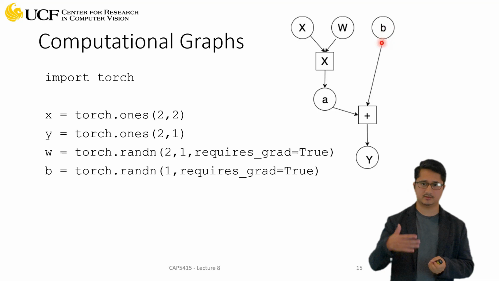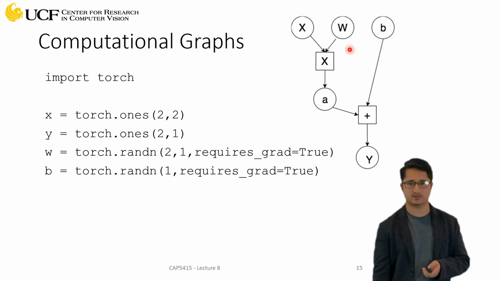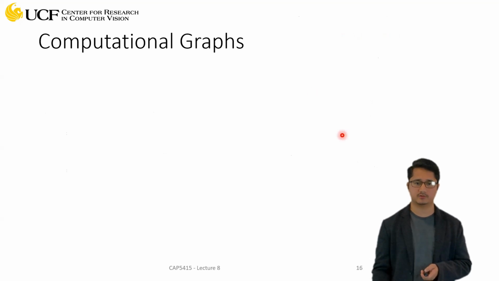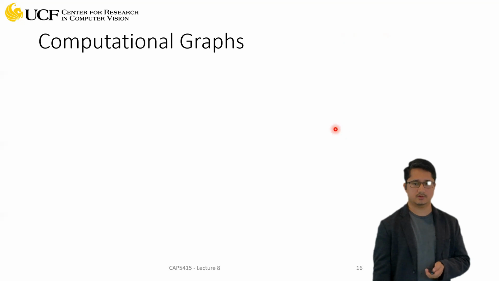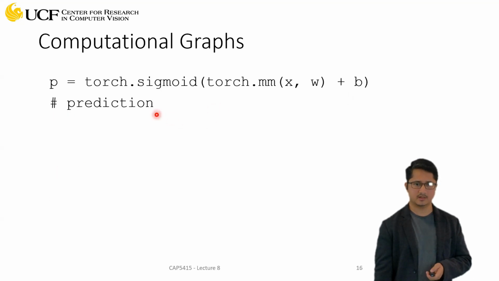So the normal neural network formulation, if you write the equation, is that if Y is your output, then Y should be equal to X times the weights, and then you add the biases to those. So this is a very simple formulation for a neural network. If you write this using PyTorch, you'll have to define all these variables, and then you can just write one line of code over here.